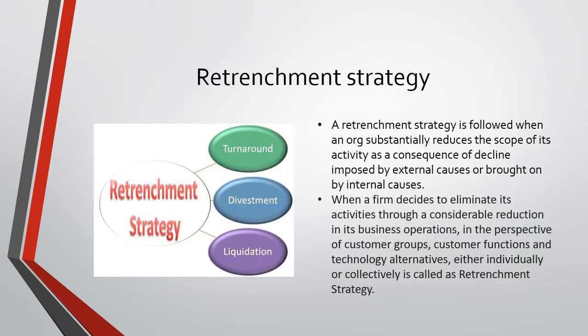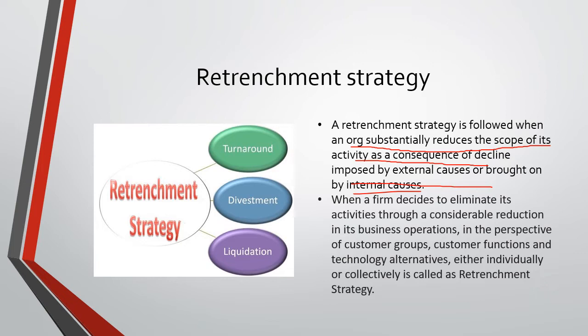Retrenchment strategy. It is a type of strategy followed when an organization substantially reduces the scope of its activity as a consequence of declines imposed by external causes or brought about by internal causes. Here the organization substantially reduces its activity; they can lower their investment amount, and they can also sell some of their business.